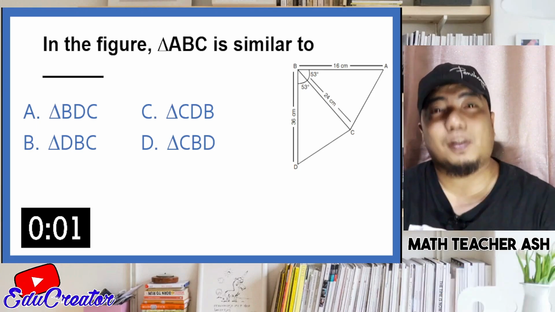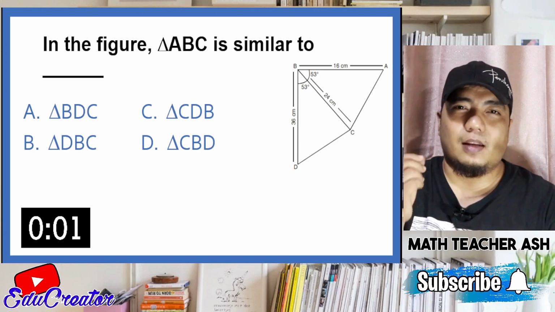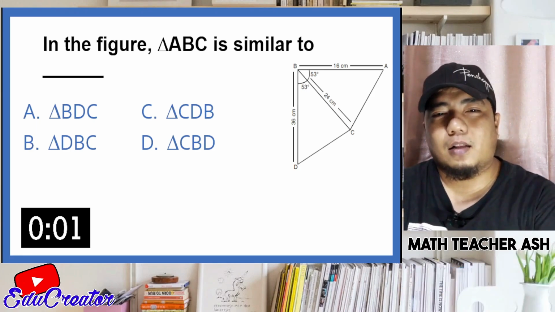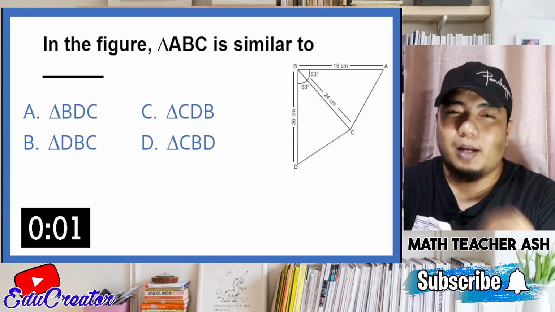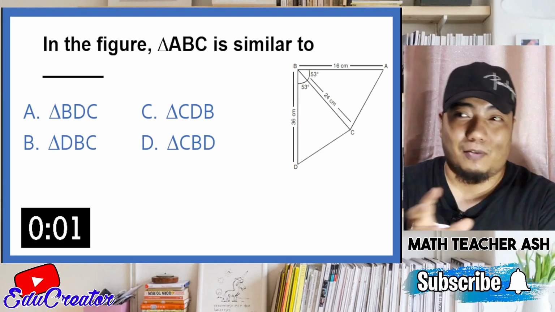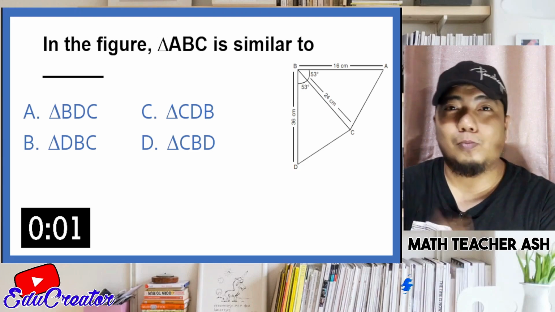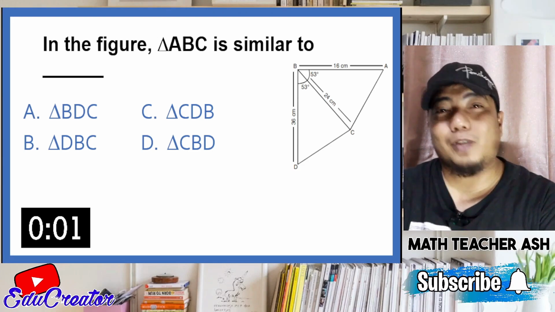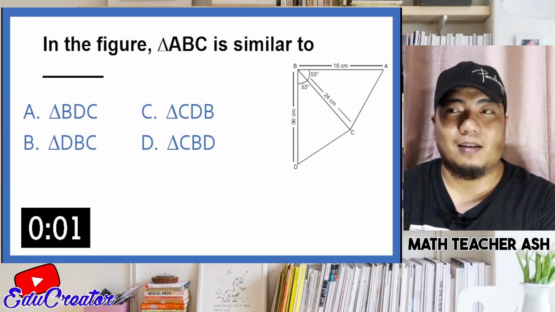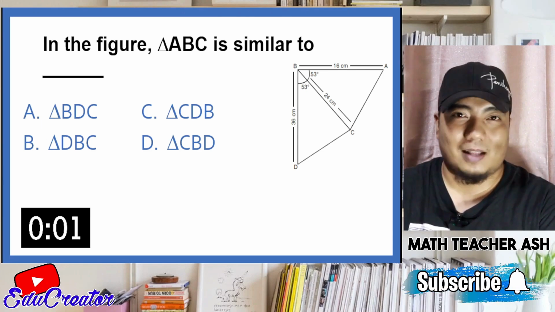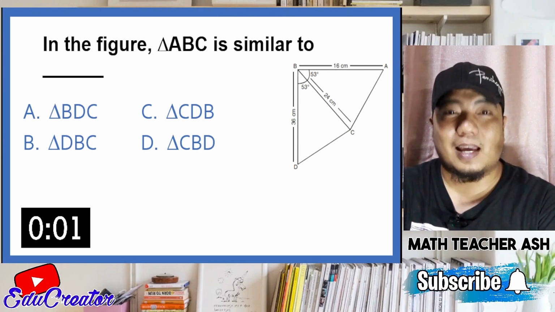But in terms of similarity, it is very important that when one triangle is named by this kind of way, you must also name the corresponding triangle in that way so that they can be similar.